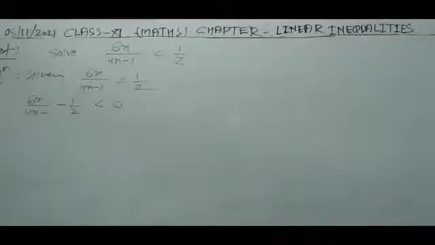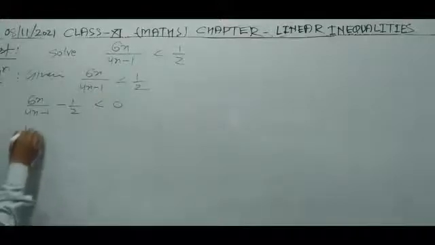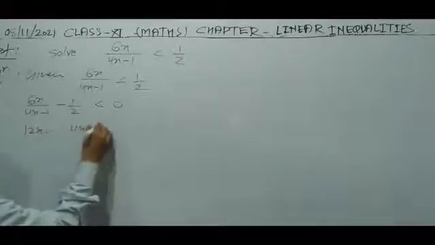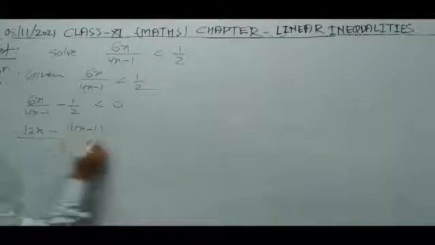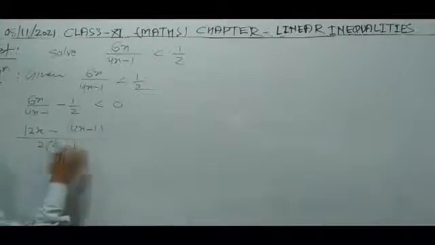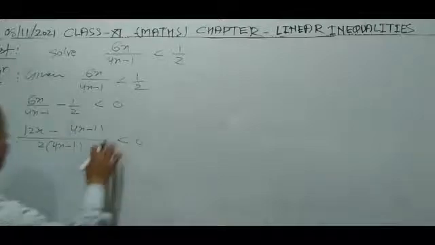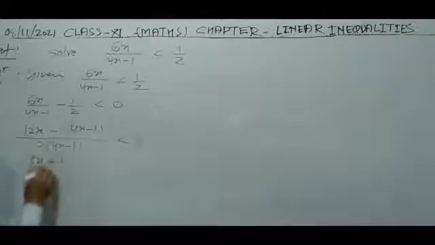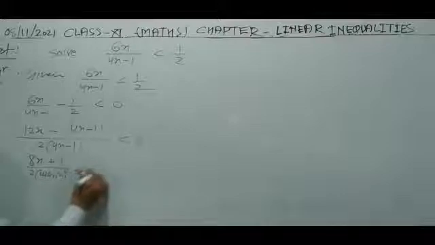Now we have to simplify. Now the result will be 12x minus 4x minus 1 whole upon 2 times 4x minus 1 is less than 0. Calculation will be 8x plus 1 whole upon 2 times 4x minus 1 is less than 0.